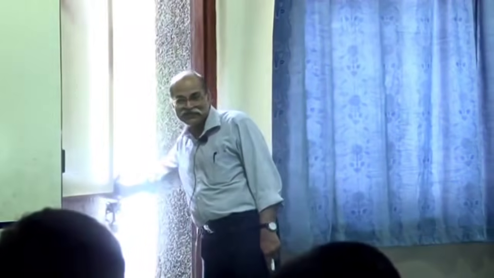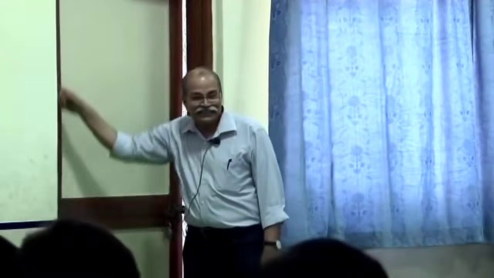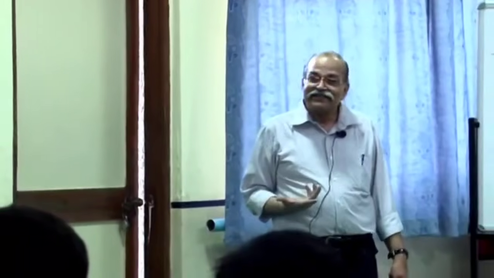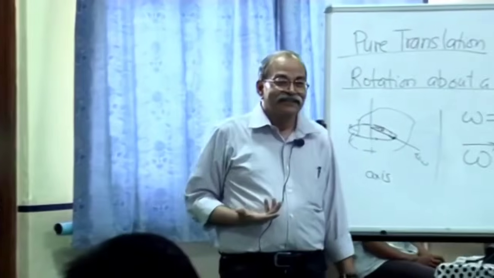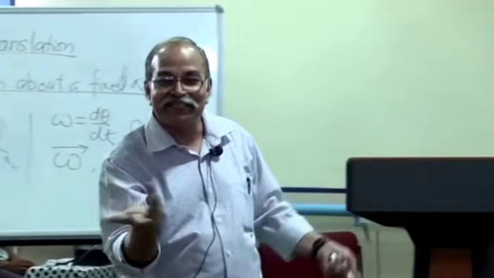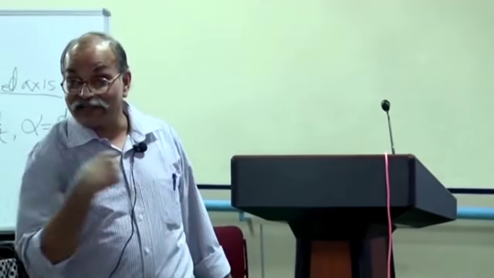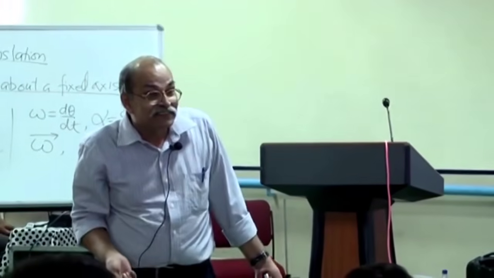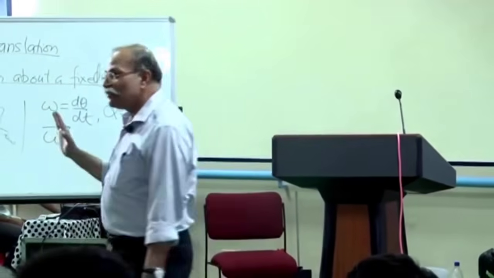Where is the axis? Through the hinges, there is the axis. At this time, what is its angular velocity? 0. Nothing is moving, no angle is changing. It can go on that circle, but it is not going. So, the angular velocity is 0.